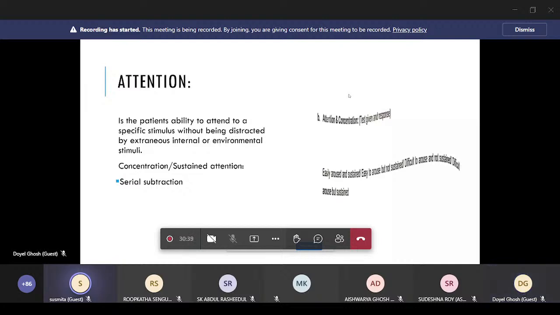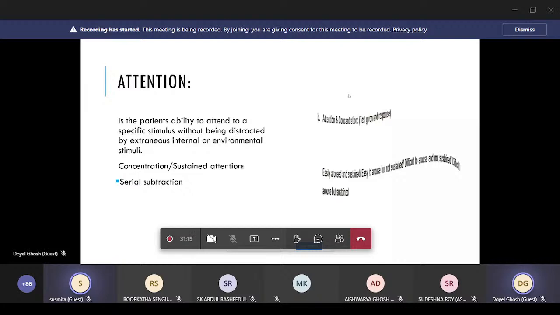And the concentration part, which is the sustained attention part, we assess it by serial subtraction. Generally, we ask 100 minus 7, 93 minus 7. So we assess if the person is able to sustain the attention and back calculate it. And for younger children, you can give 40 minus 3. Either 100 minus 7 or 40 minus 3, depending on the person you're assessing.